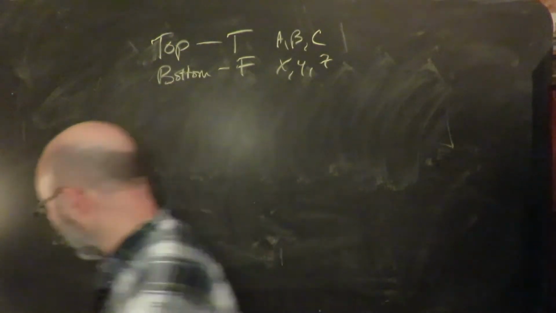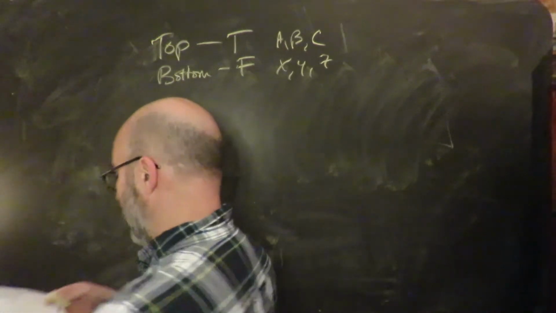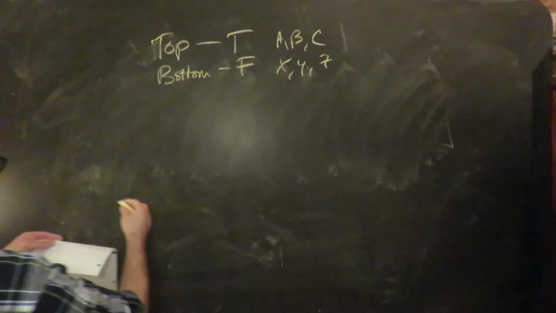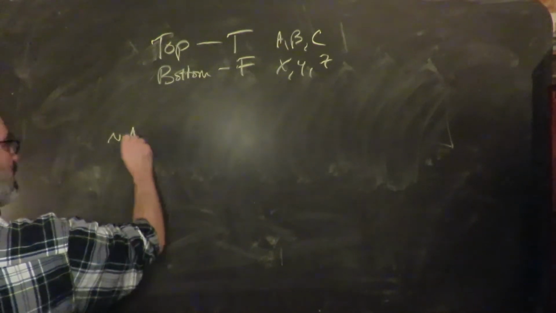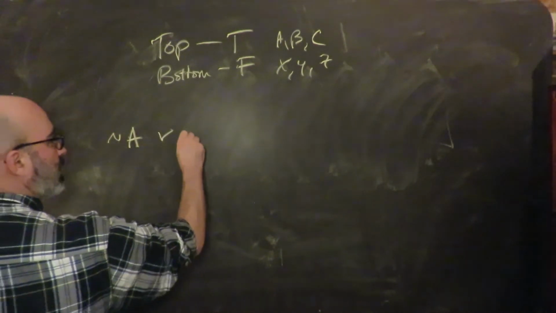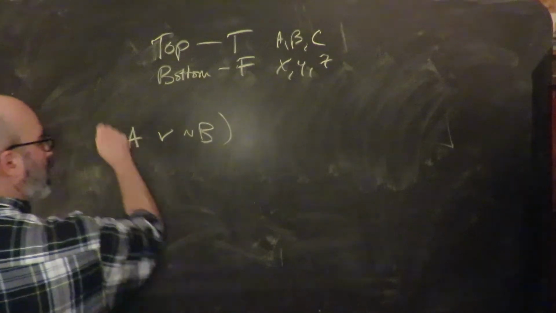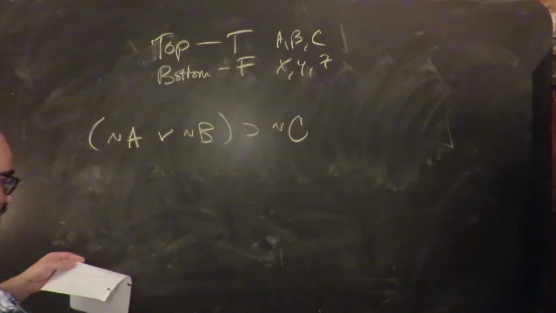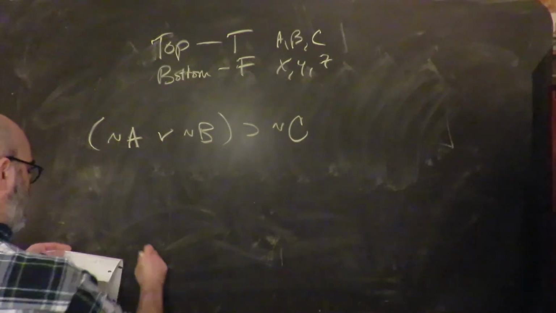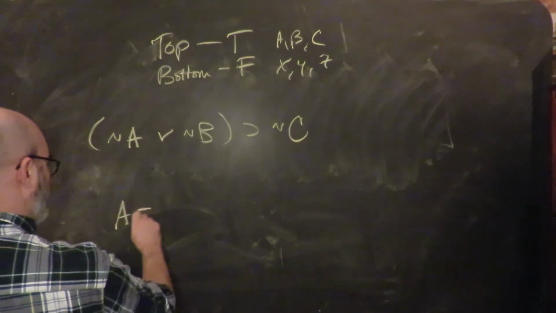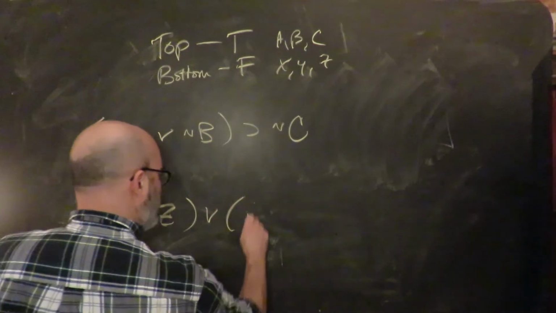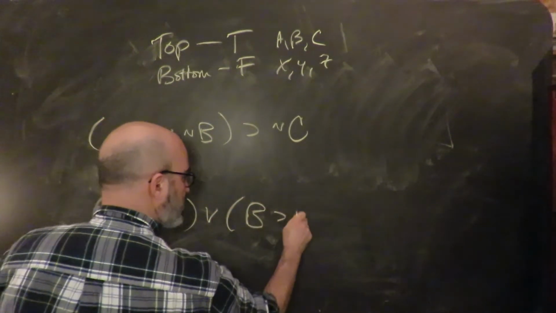Okay, so let's take a look. Let's give ourselves a couple of propositions to do some truth computation. So if I say not A or not B, horseshoe not C. Let's give ourselves one other one to mess with here. A triple bar Z or B horseshoe C.